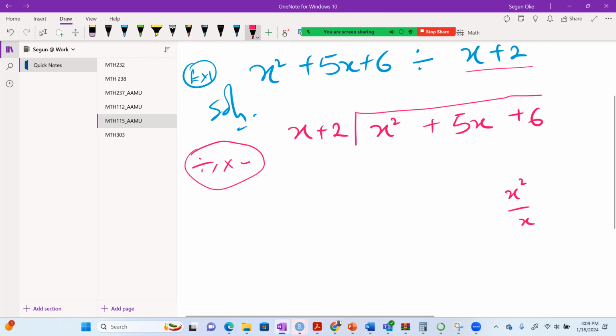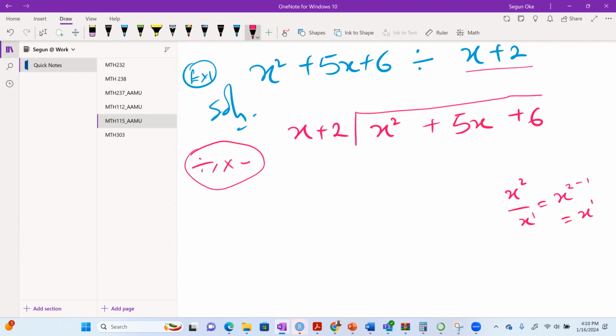So if you take this x, how many x is in x squared? Remember, that is x squared divided by this. It simply means x squared minus 1. You know, this is raised to power 1. This is going to be x raised to power 1. So meaning I'll have x. So if I have x, the first thing is take this x to multiply it back.